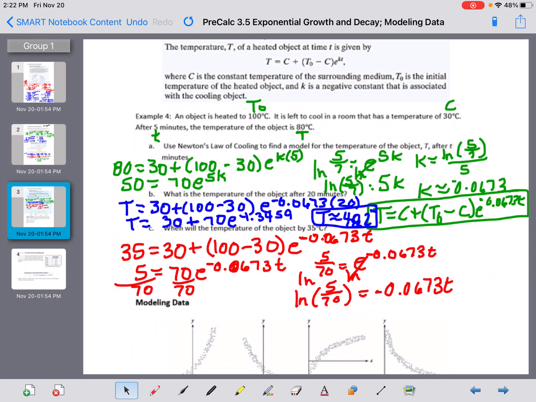And let's go ahead and divide by negative 0.0673. And it looks like my t is about natural log of 5 divided by 70. Close those parentheses. Divided by negative 0.0673. Ugh.